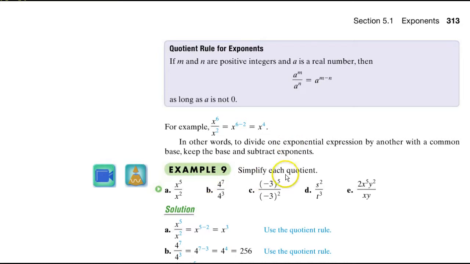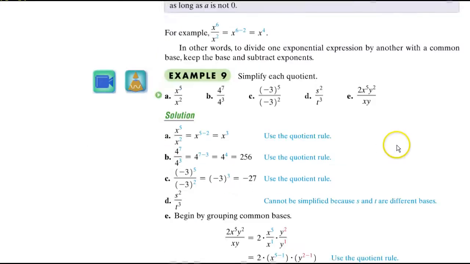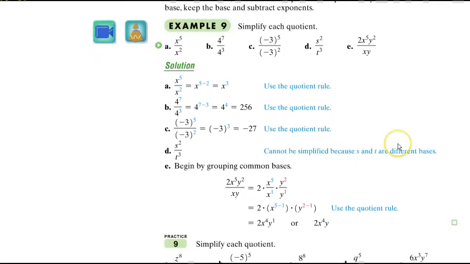So example 9, simplify each quotient. Let's just do that. And we could raise it up a little bit. Here we're just going to subtract the 2 from the 5, x to the third, 4 to the fourth, a negative 3 to the third.